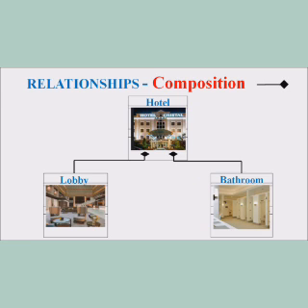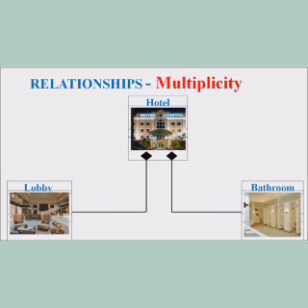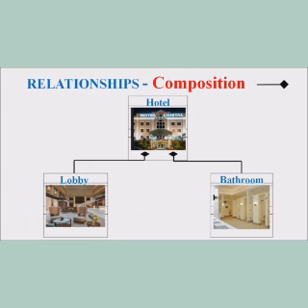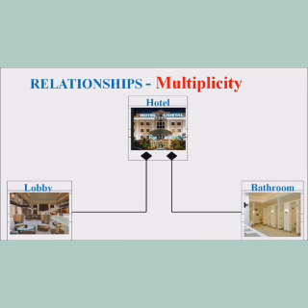So now let us consider the term composition. Composition means one class is dependent upon another, or without that particular class, the subclass doesn't exist. Next comes the term multiplicity. This multiplicity is related to composition. Here we can see a hotel has a lobby as well as a hotel has a bathroom.